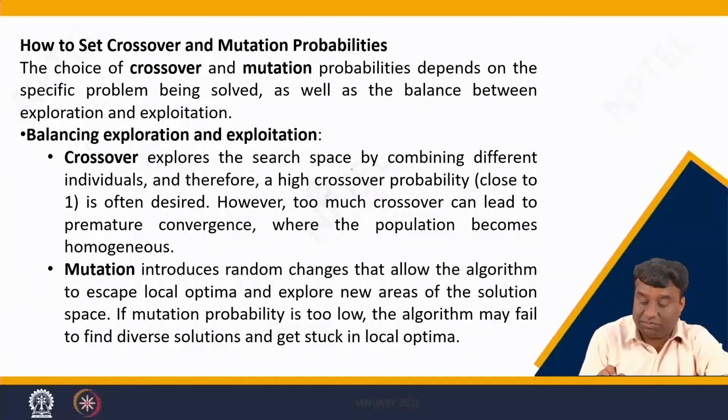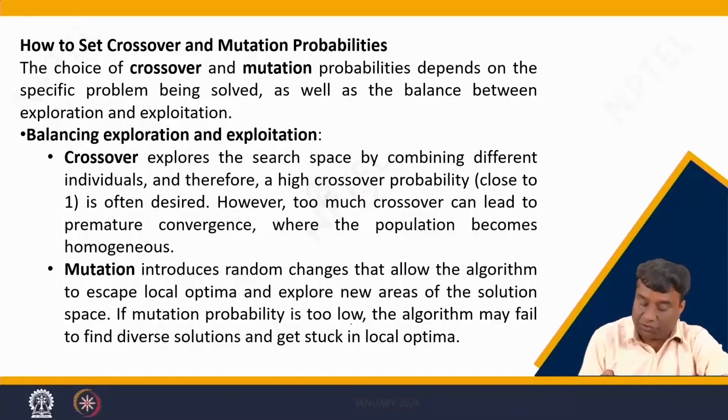Crossover explores the search space by combining different individuals and therefore a high crossover probability close to 1 is often desired. However, too much crossover can lead to premature convergence where the population becomes homogeneous. Mutation introduces random changes that allow the algorithm to escape local optima and explore new areas of the solution space.